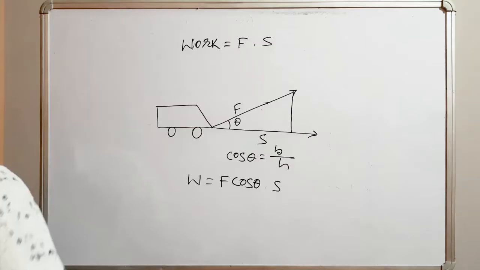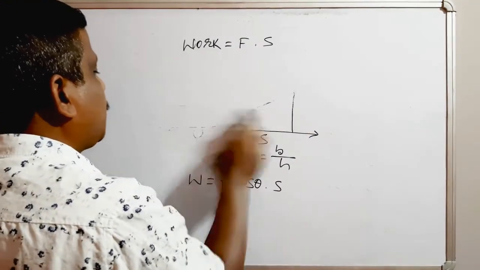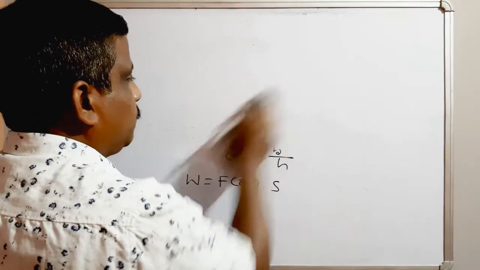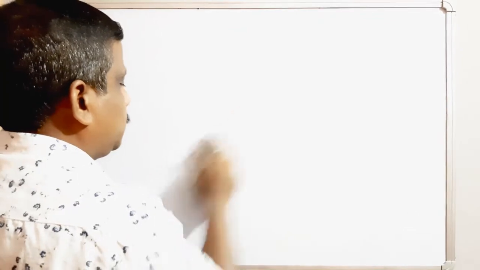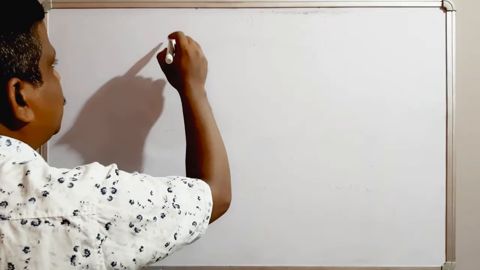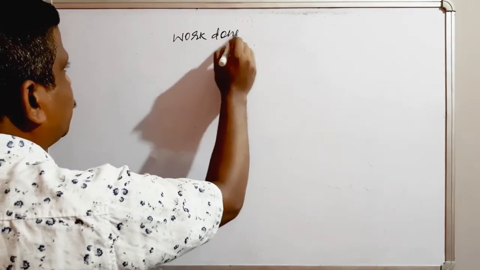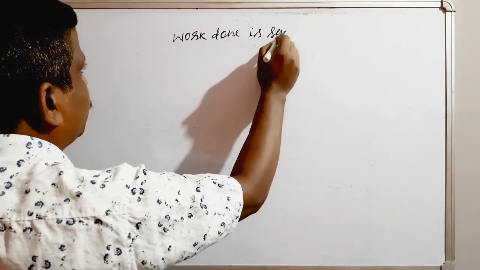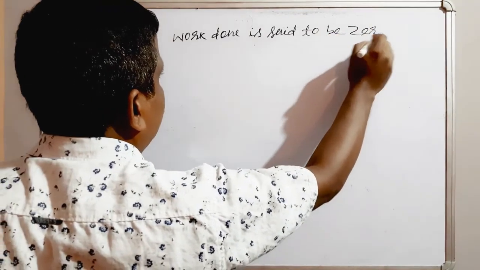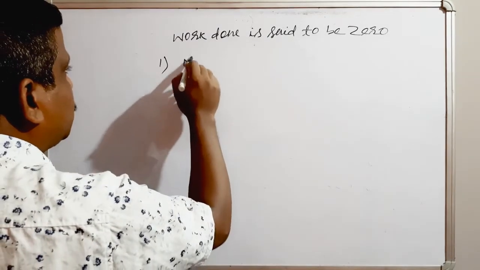Suppose here, when work is said to be done 0. See first case. Suppose two cases there. Work done is said to be 0. First case: no displacement.